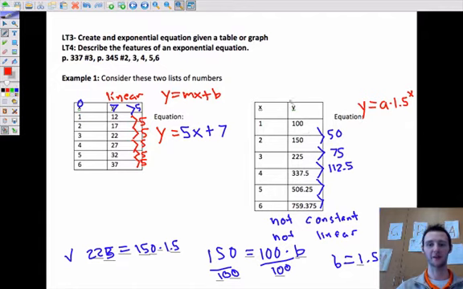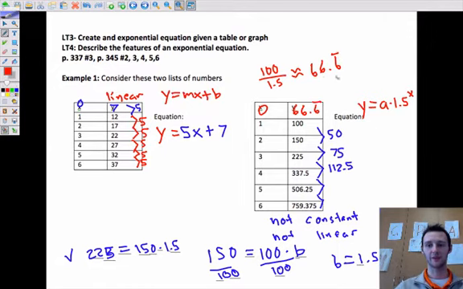Now if I work this backwards, I can find the starting value, which is at 0. I'll just be taking 100 divided by 1.5, and 100 divided by 1.5 should give me about 66.6 repeating.